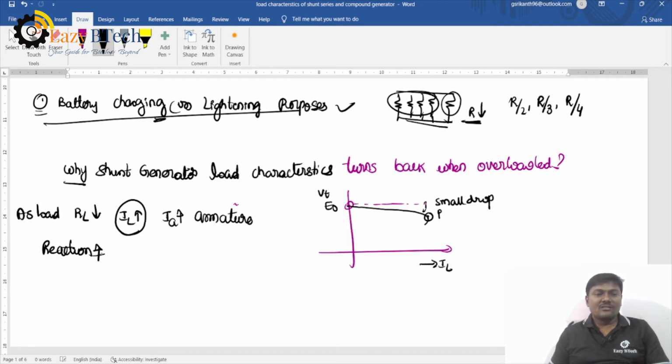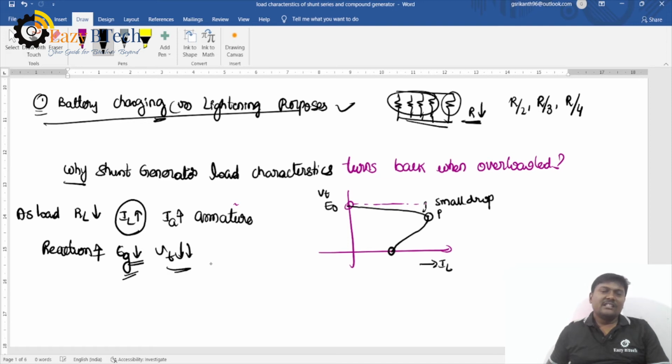Armature reaction also increases. If armature reaction increases, our generated EMF decreases, and then the terminal voltage further decreases, and it comes back to this position.